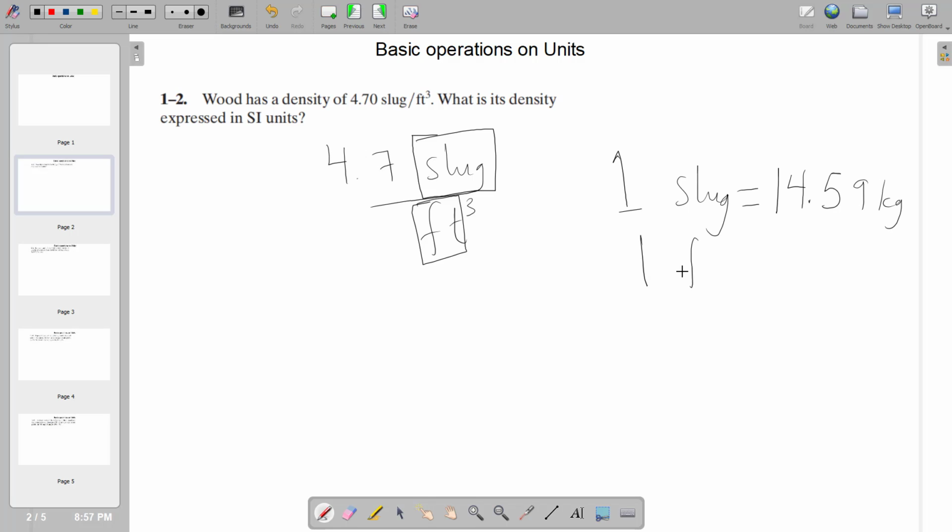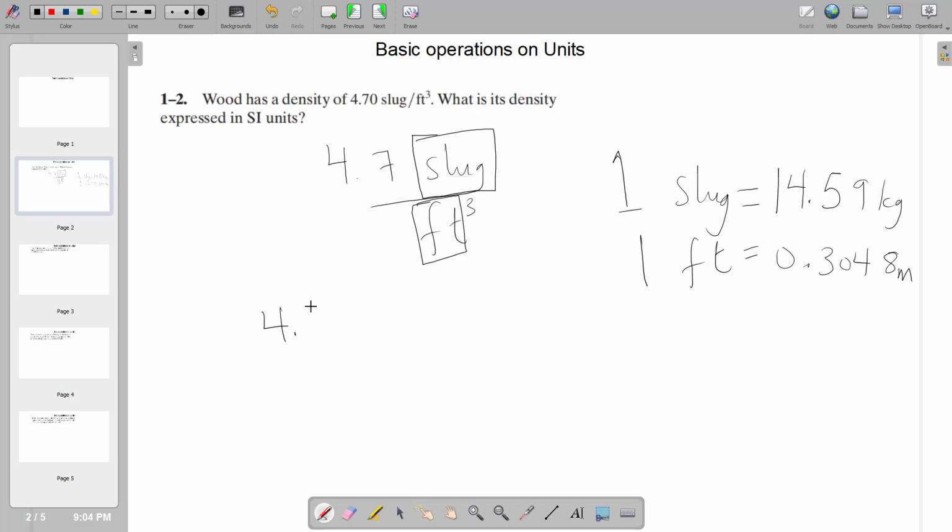And 1 foot is equal to 0.3048 meters. So we can replace one slug here with 14.59 kilogram.